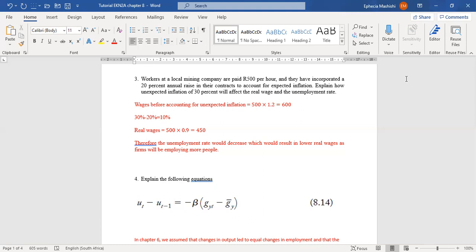Question number 4. Explain the following equations. The first one is this one. So unemployment is a function of growth.